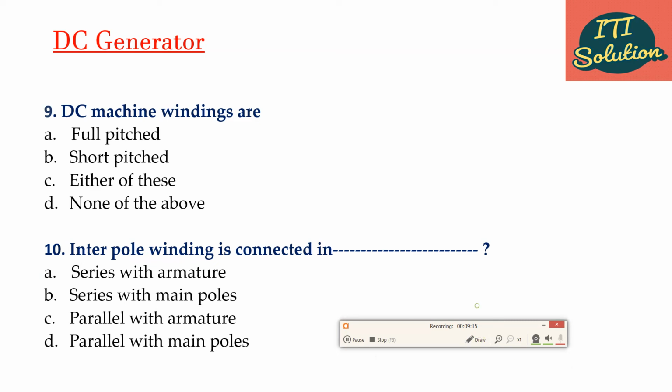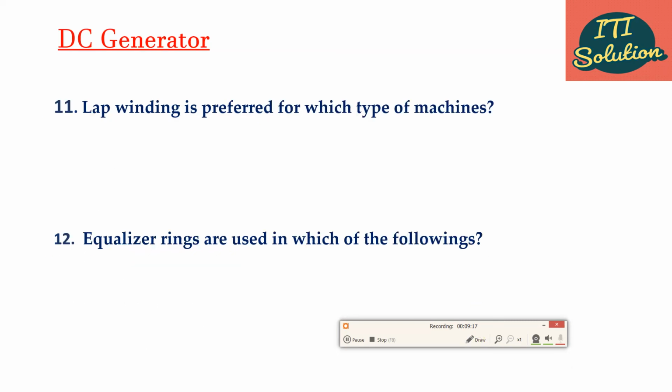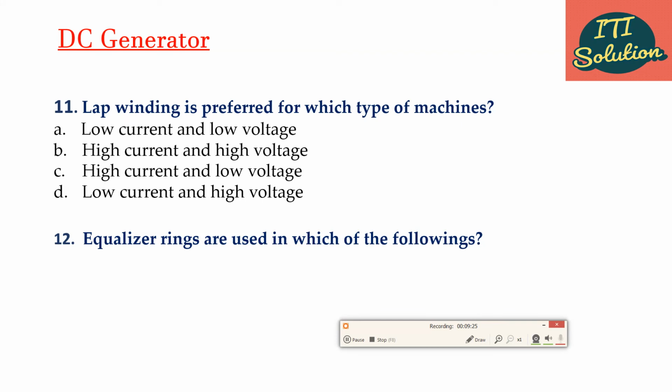Then next question. Lap winding is preferred for which type of machine? Option A, low current and low voltage, option B, high current and high voltage, option C, high current and low voltage, and option D, low current and high voltage.